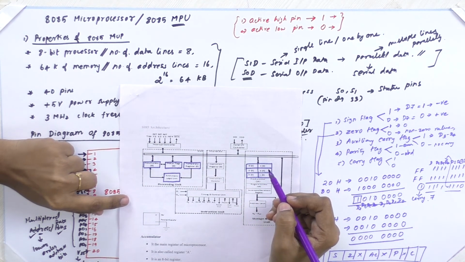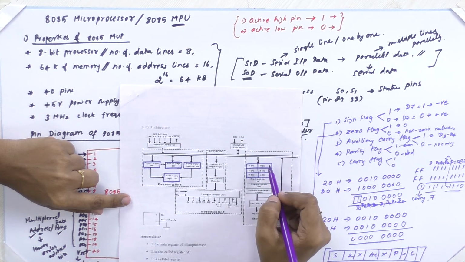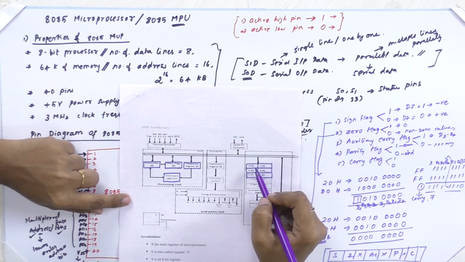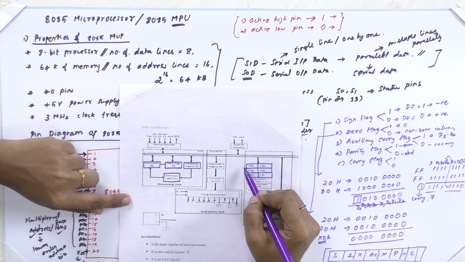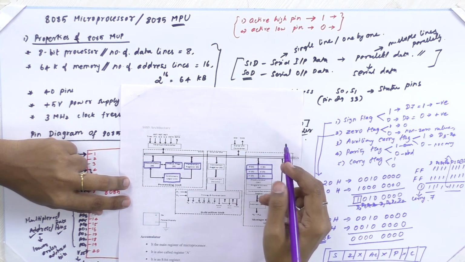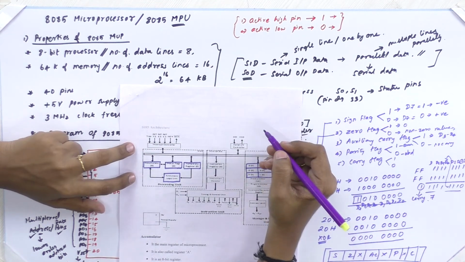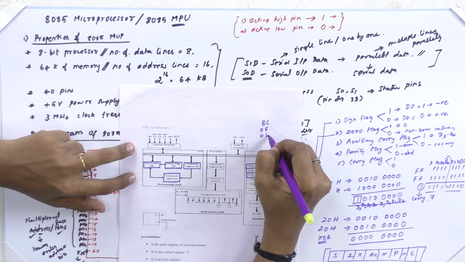Whenever the processor wants to perform any operation over 16-bit data, then these single 8-bit registers can be grouped into register pairs. And the valid register pairs are BC, DE and HL.